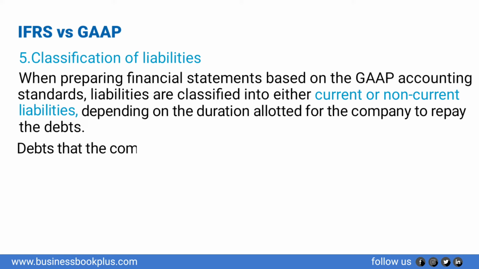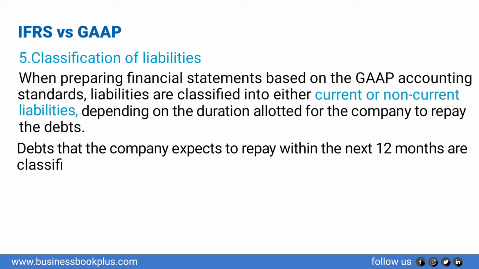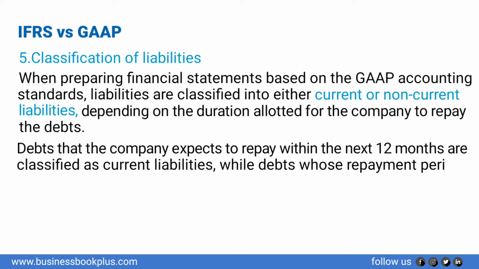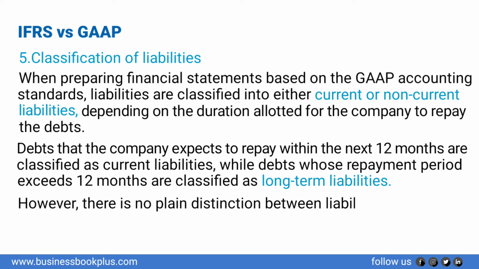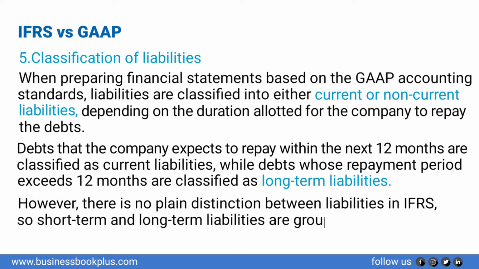Debts that the company expects to repay within the next 12 months are classified as current liabilities, while debts whose repayment period exceeds 12 months are classified as long-term liabilities. However, there is no plain distinction between liabilities in IFRS, so short-term and long-term liabilities are grouped together.